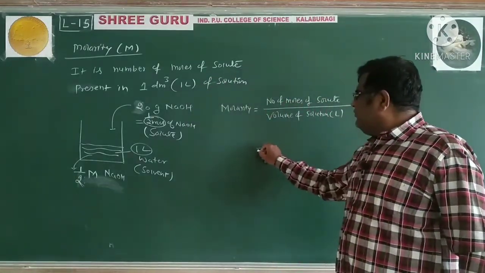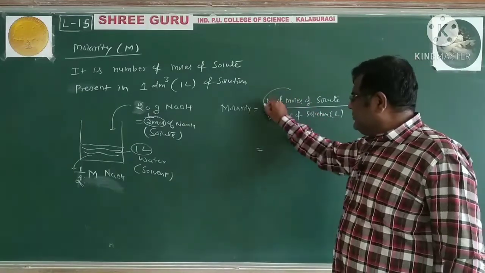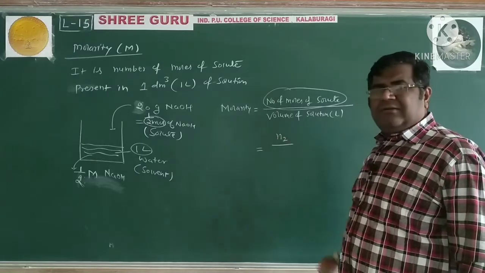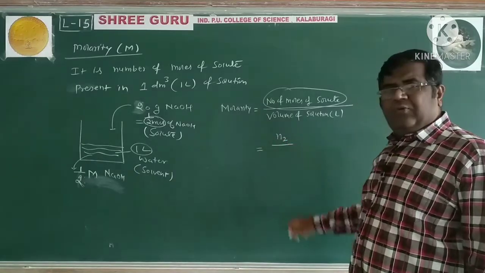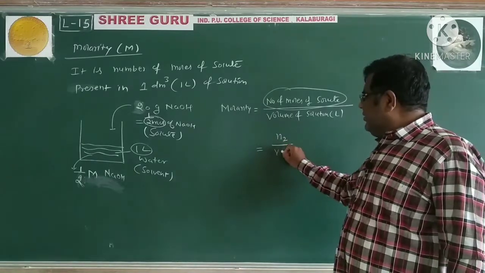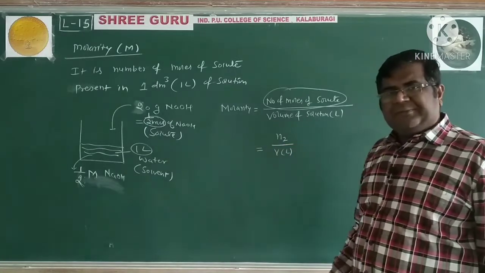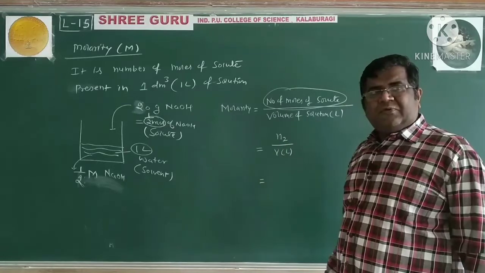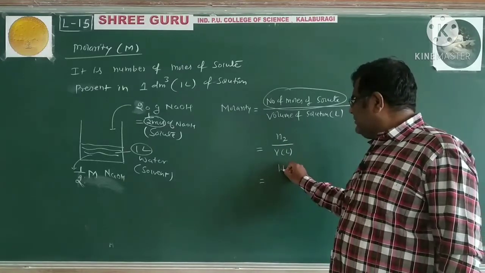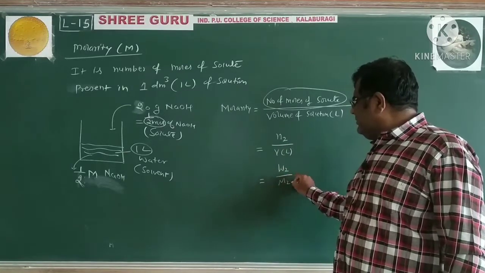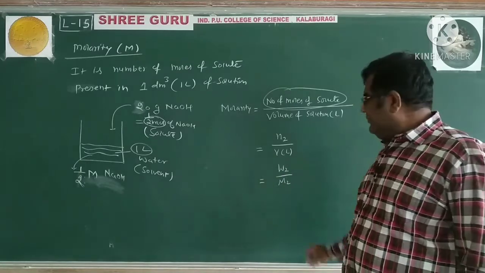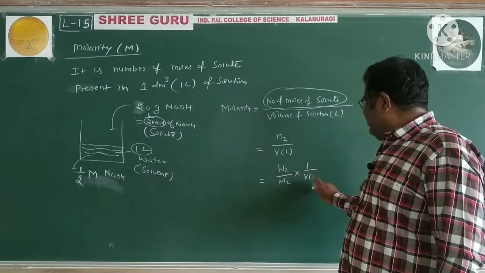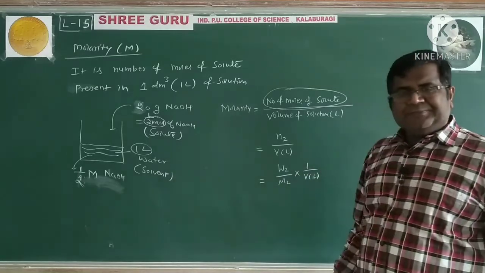This number of moles of solute is written as n2, number of moles of solute, and volume in liter. This number of moles of solute can be written as W2 by M2, divided by V, the volume of solution in liter.